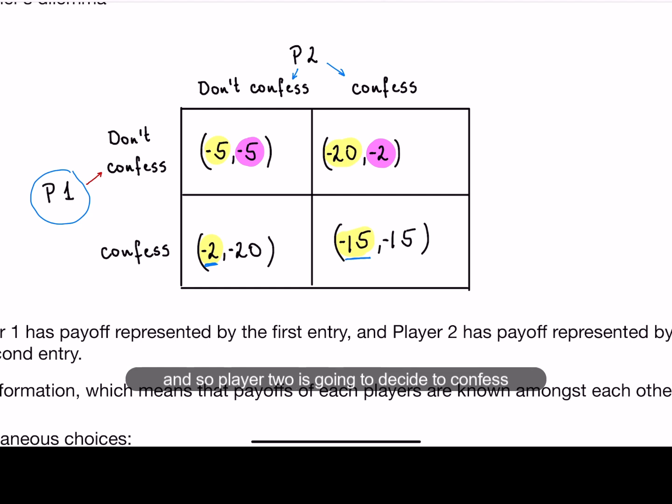And so player 2 is going to decide to confess because confessing gives a lighter sentence. And player 2 also considers the case, what if player 1 chooses to confess? So if player 1 chooses to confess, then player 2 can either choose not to confess or to confess. And so comparing the two options, player 2 will choose to confess.